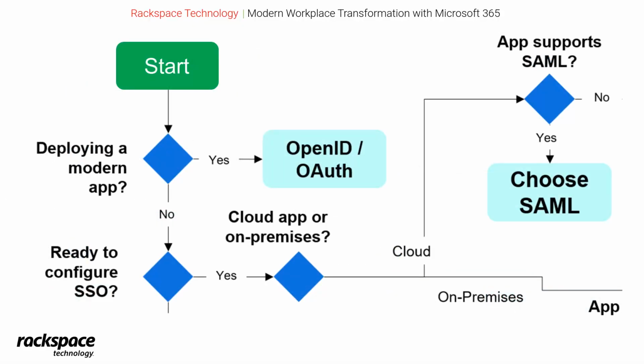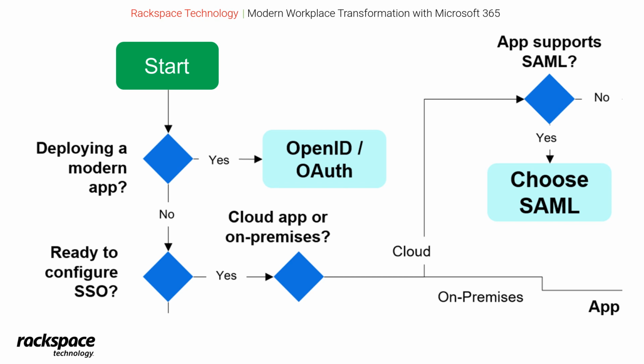Zooming into that flow chart, you can see where we start: if you're deploying a modern application or you're developing a modern application, and if it supports OpenID and OAuth, use it. If it doesn't quite support OpenID or OAuth, and it's a cloud application, choose SAML.